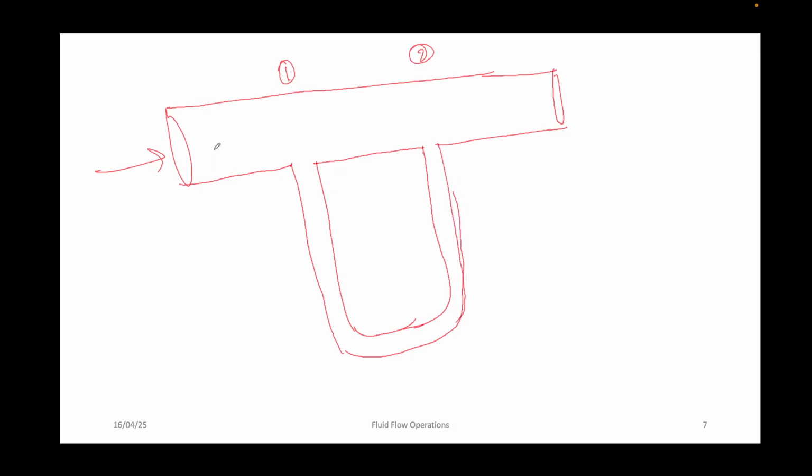Okay. And again, depending upon the pressure exerted, so obviously at point one, pressure should be high, right? Because flow is in direction of 1 to 2, right? So it is flowing in this direction. So this has to be at higher pressure, and this has to be at lower pressure. Okay. So this pressure exerted on this limb will be more than pressure exerted on the second limb, right? So obviously the mercury or whatever liquid that you're using inside this will be at a lower height in limb one, and it will be at slightly higher height in the second limb.